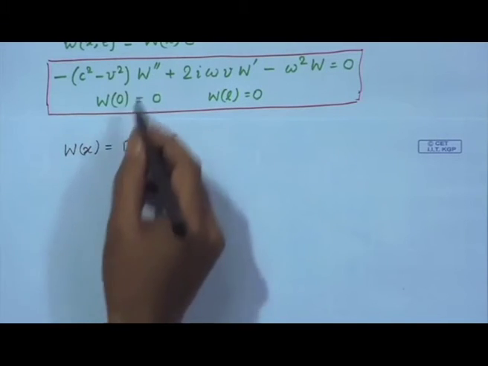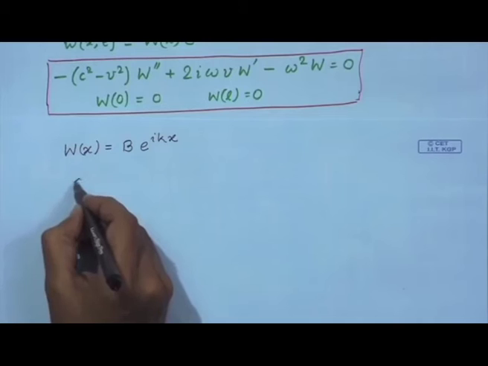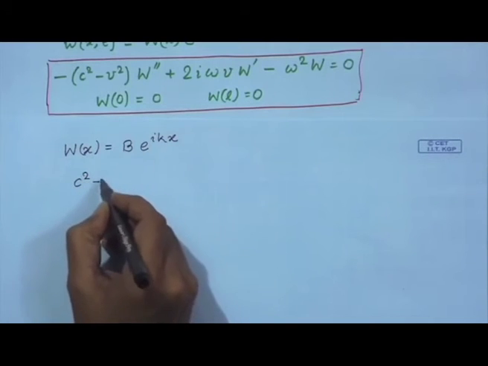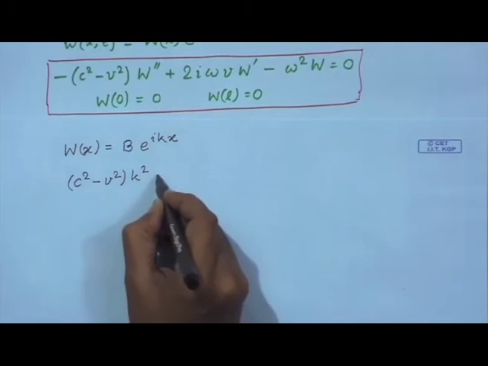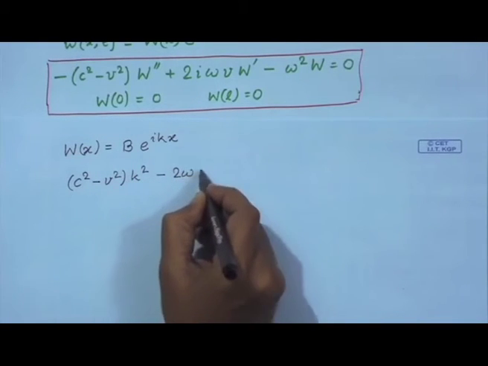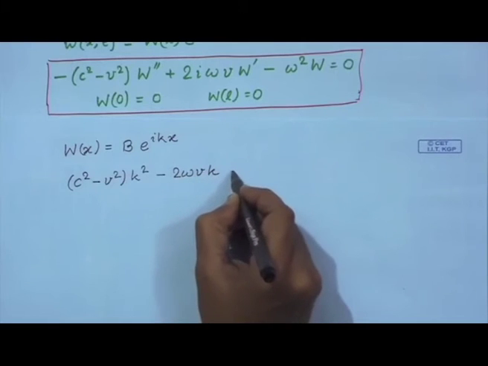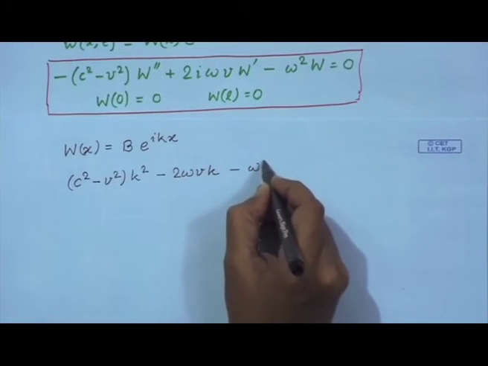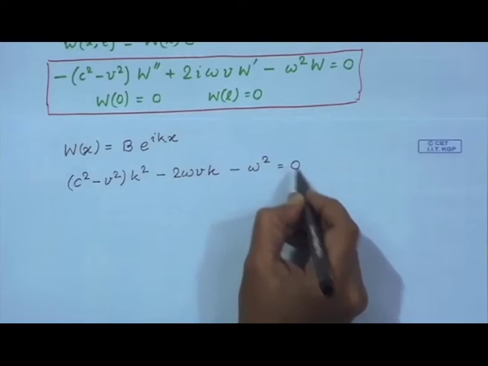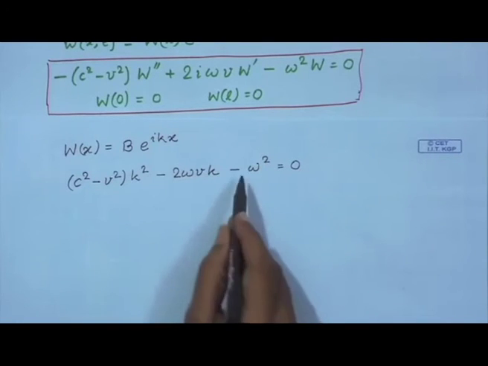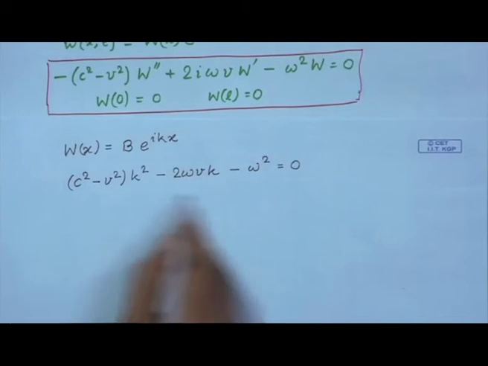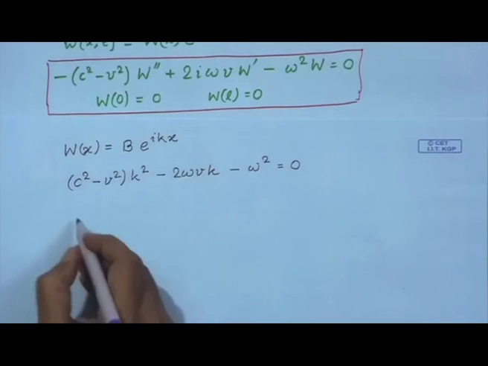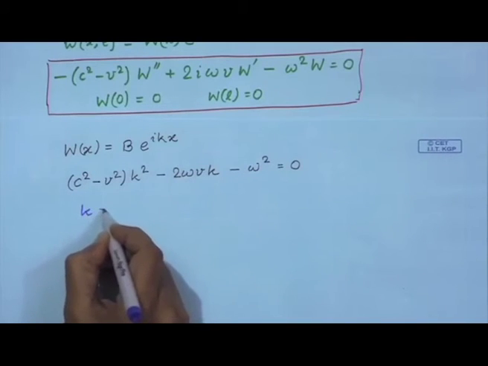So, if you substitute in here, I must point out that this omega is the circular natural frequency of the system. So, this quadratic in k can be easily solved.